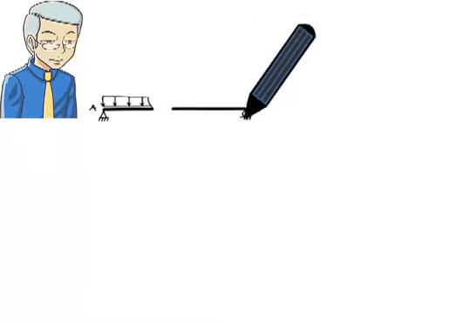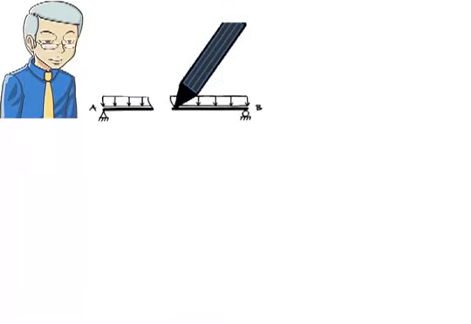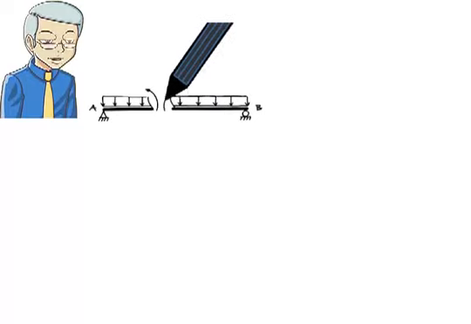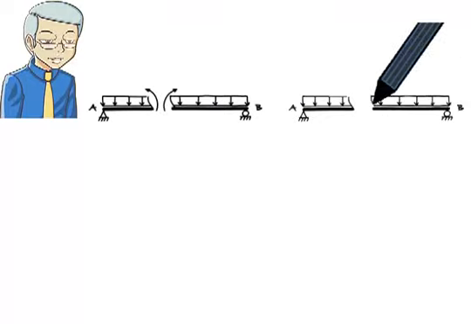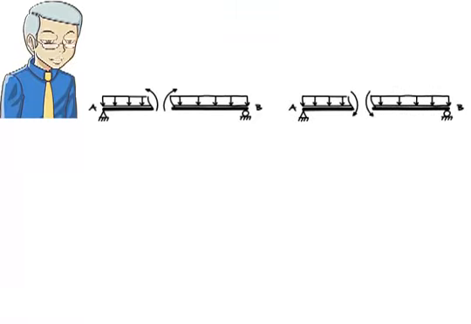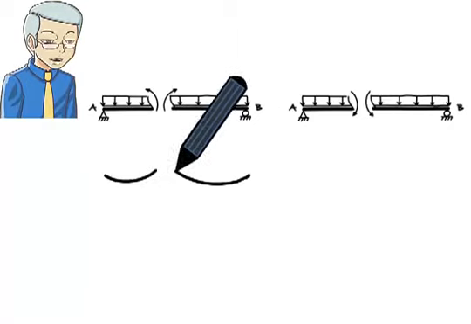Similarly, when we cut the beam, the internal bending moment is drawn either like this or like this. In the first scenario, the bending moment tends to cause a concave up deformation in the beam like this.